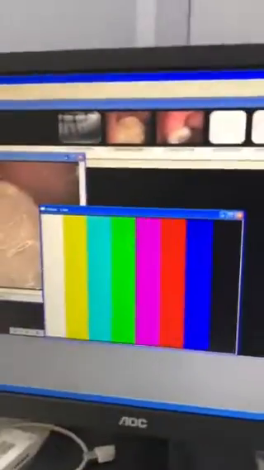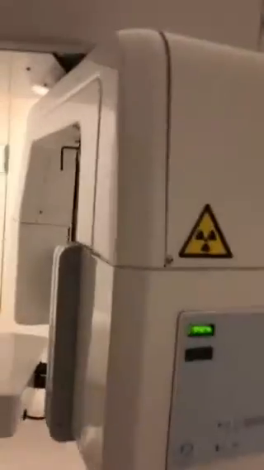Okay, so we spoke about the OPG machine, so I'm going to show you that machine now. So this is the OPG machine, and what we would do is position the patient, so they put their chin just there, they bite this little fork here, we position them in the machine, and then it would go round.